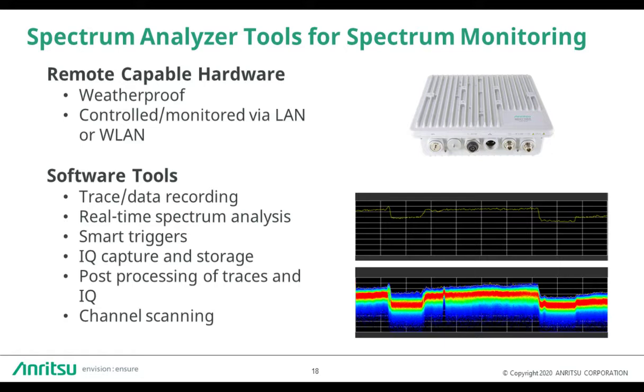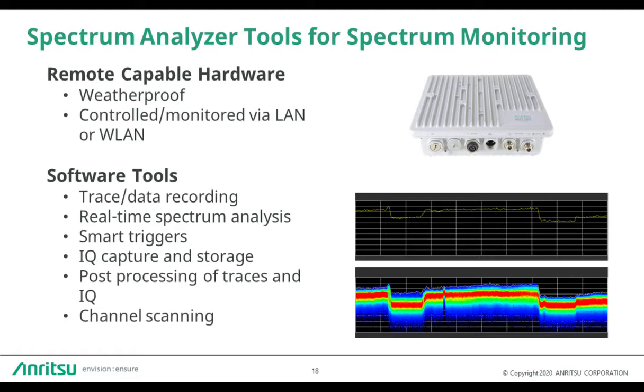Also, in general, when you're doing spectrum monitoring and spectrum clearing, ideally you're leaving an instrument in a remote location, allowing it to track data over time. So in most cases, you're going to want something that can be controlled via a LAN or wireless LAN communication.